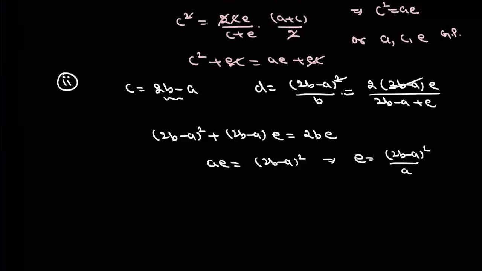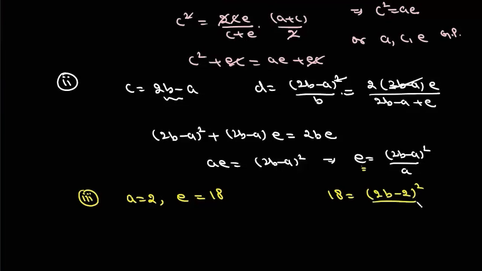Now this third part is, if A is 2 and E is 18, find the value of B, C and D. Now we'll put E as 18, then we'll get 2B minus 2 whole square upon, and A is 2, so we'll get 2B minus 2 equals root 36, which is plus or minus 6, or B minus 1 equals plus or minus 3.